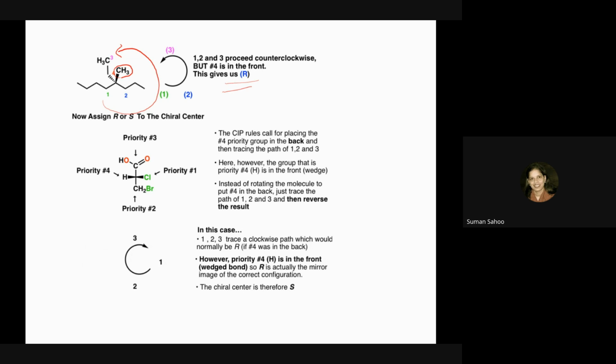Similar is the case whenever you have it in the Fischer projection formula. If the lowest priority group is on the vertical side, whatever the configuration is, it would be the same.